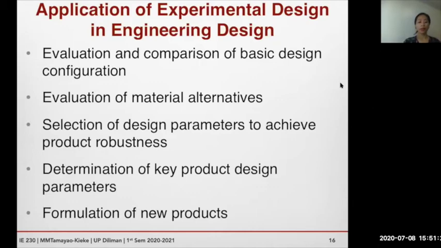Some of these include evaluation and comparison of basic design configurations, evaluation of material alternatives, selection of design parameters so that the product will work under a wide variety of conditions, that is, so that the product will become robust, determination of key product design parameters, and formulation of new products.